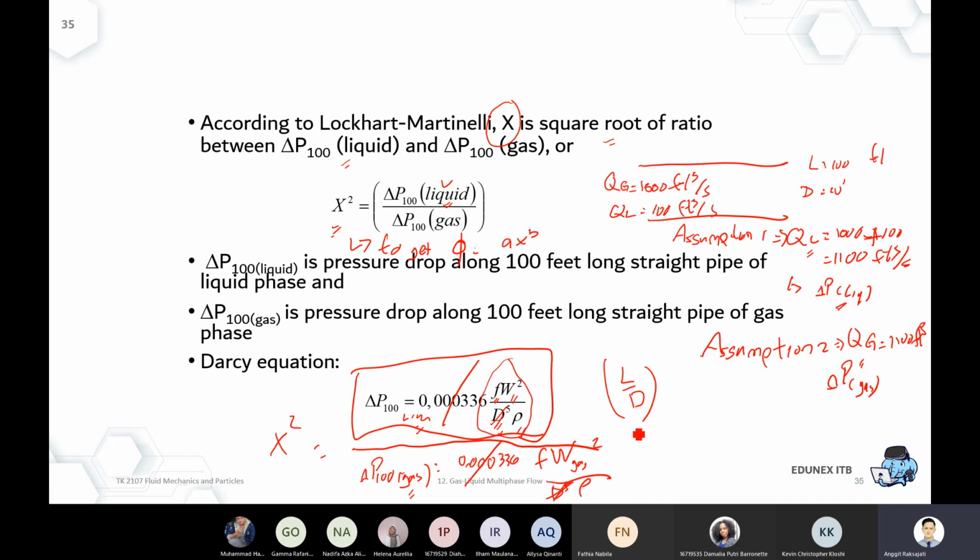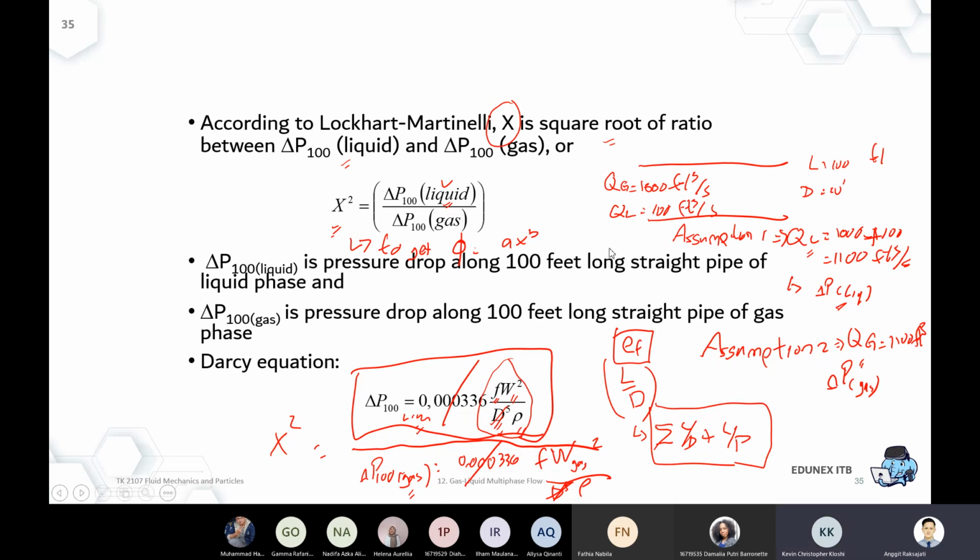Because if it's the complete pipeline, L per D can be the sum of L per D of straight pipeline plus L per D of the fittings and so on. So I would say this is mostly from the friction. In the Bernoulli part, it's just the friction part, not the difference in elevation, difference in pressure, and so on.